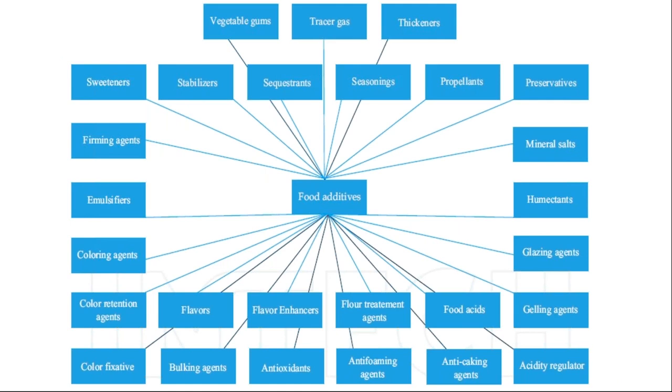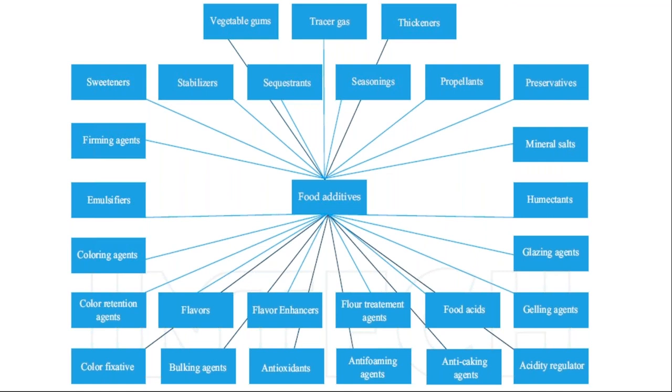So these are the food additives that have been listed by Codex Alimentarius. There are 27 classes of food additives, and in each additive group you have a subclass and maybe a sub-subclass.